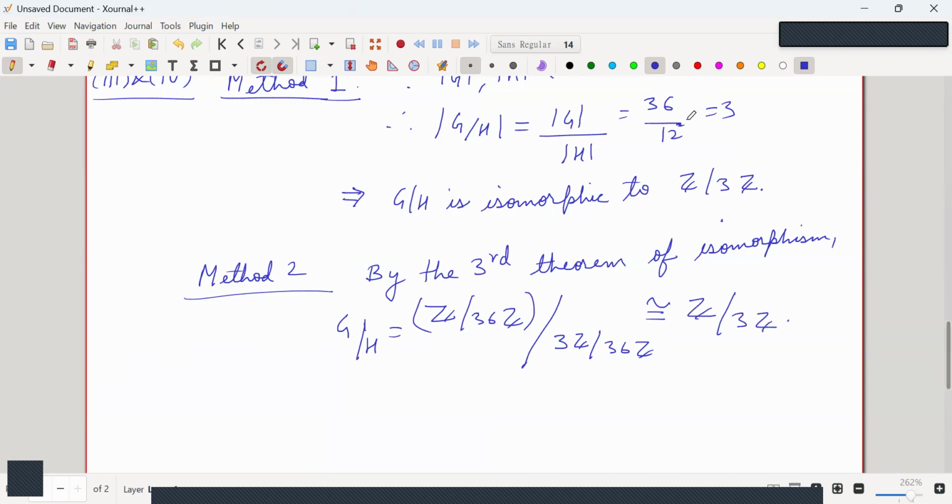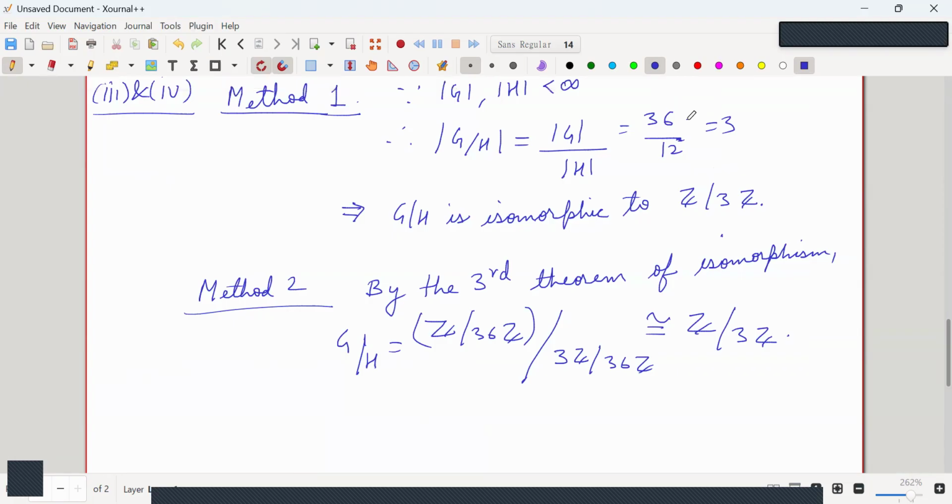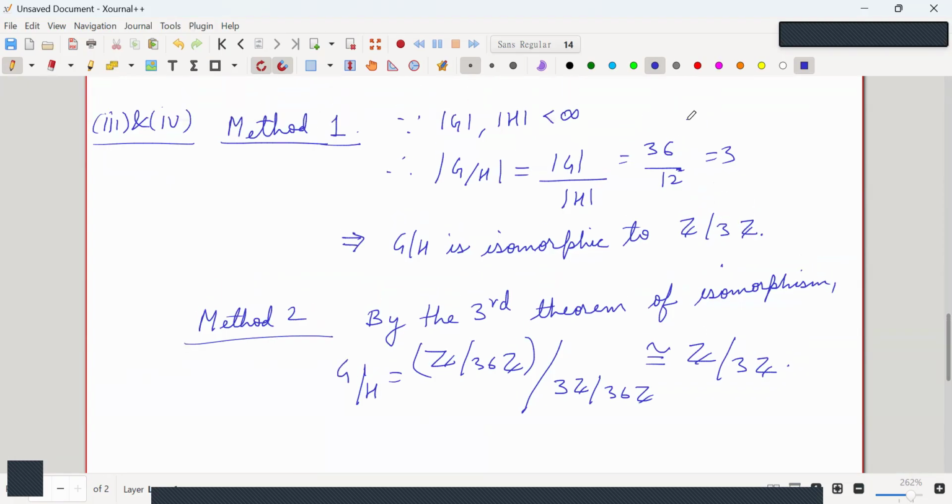So this method will fail when there won't be a unique group of that order.